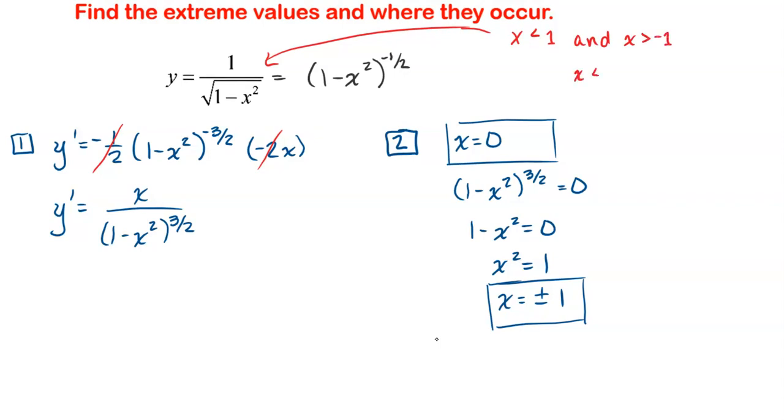So we can only look at numbers here that are in between -1 and 1. Anything else will give us either a 0 or a negative under that radical, which we can't have. So when we talk about critical points being -1 and 1, we can't actually have those as critical points because they're not in the domain.